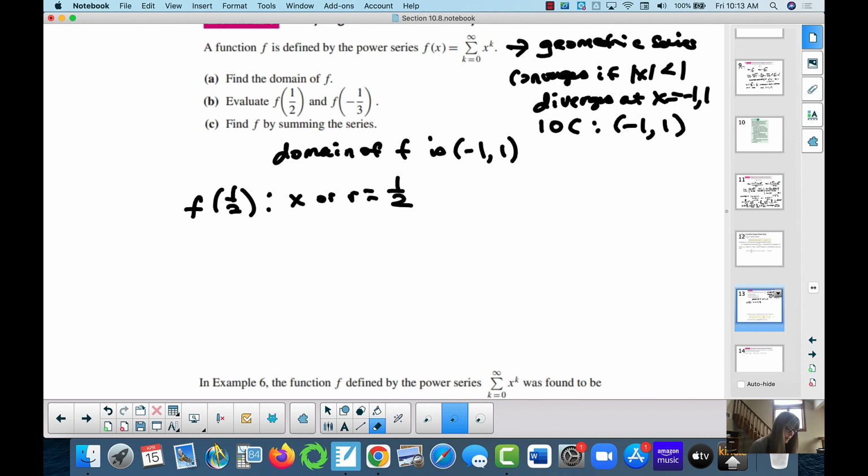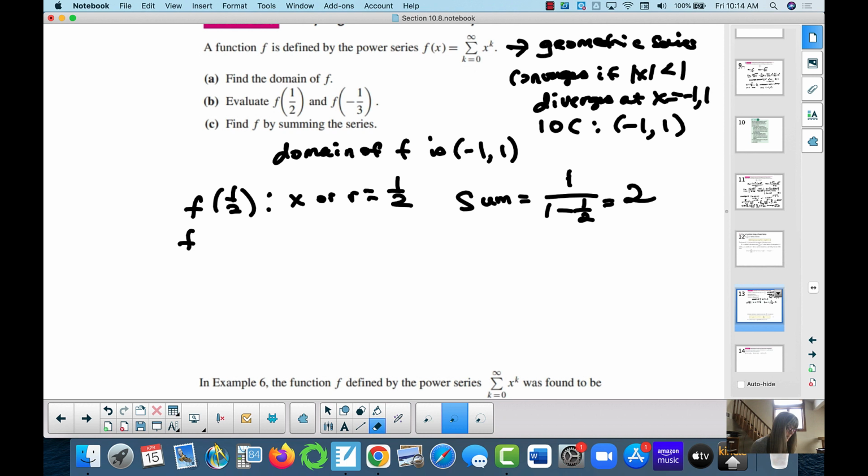And the formula for finding the sum of a geometric series is a sub 1, which would be 1 in this case. If I plug in 0 for k, I get 1. And then 1 minus r. Well, 1 over 1 minus 1/2 is 2. So that means f of 1/2 is 2 if f of x is this power series.